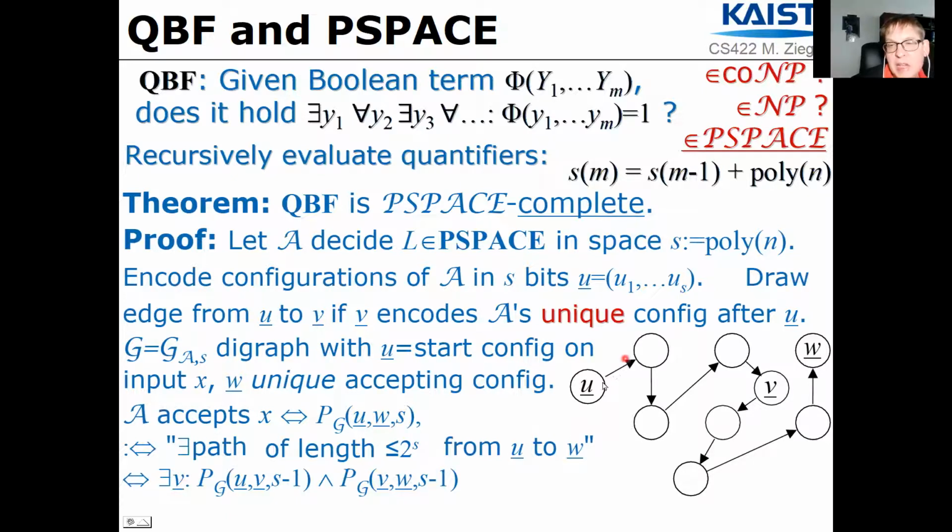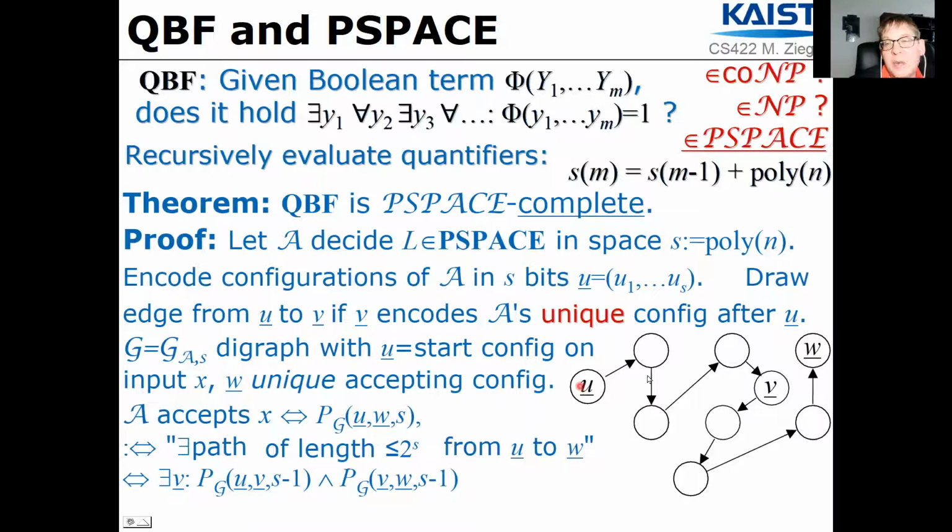If there exists a path from U to W of length at most 2 to the S, then there must be some vertex on this path, let's call that vertex V, some intermediate vertex, which has distance at most 2 to the S minus 1 from U, half the distance, and which also has half the distance from V to the target W. We say that again.